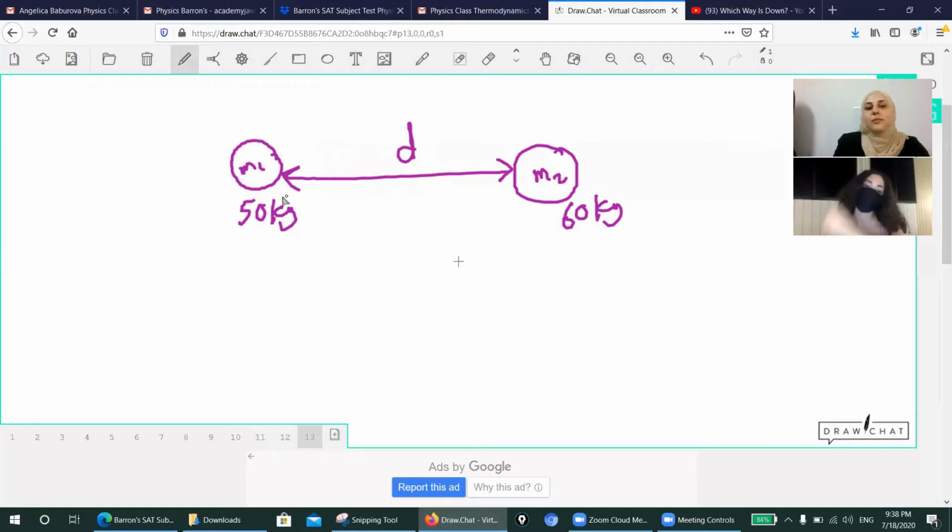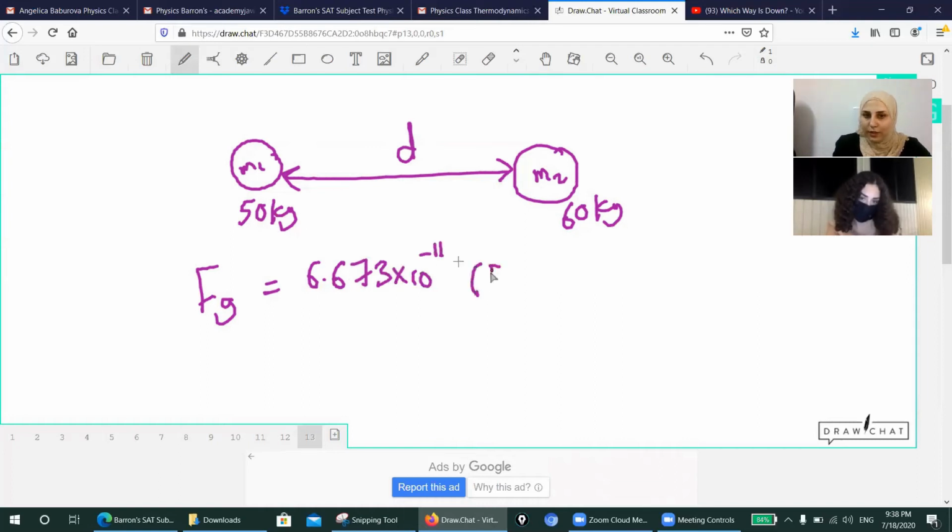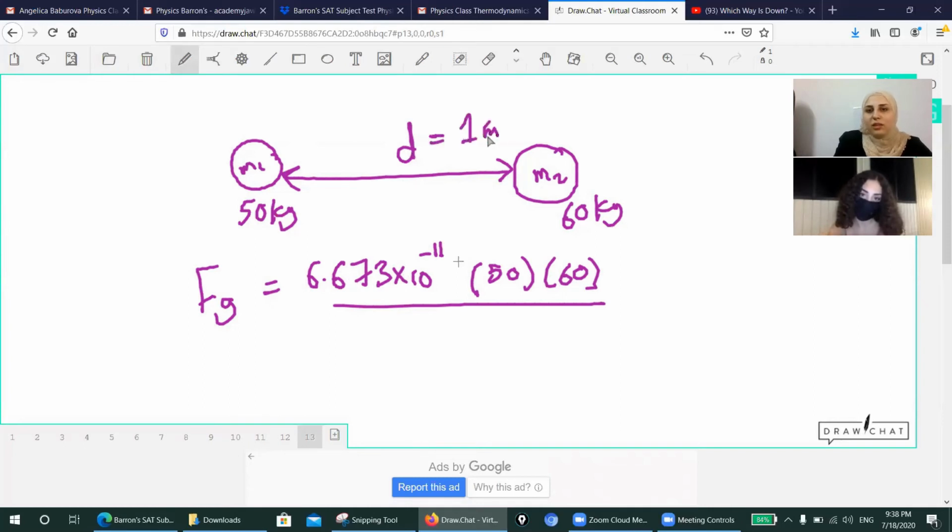If you want to calculate the force of gravity between these two masses, it's going to be G, 6.67 times 10 to the negative 11, times m1, 50, times m2, 60, which is 3000, over r squared. If the distance between them is 1 meter, let it be simple, divided by 1 meter squared, which is 1. This is going to be what?